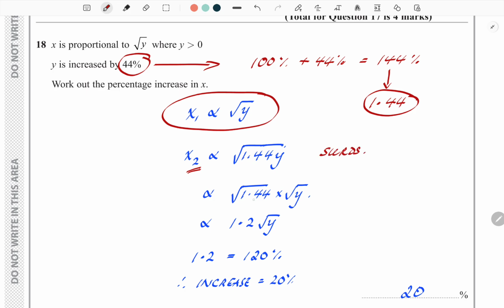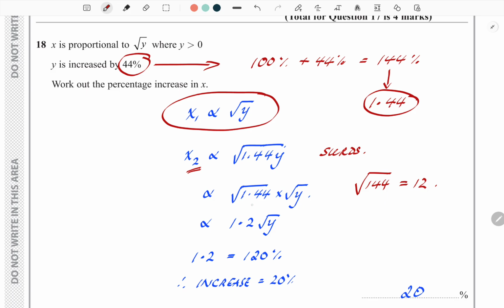All right. So we can do square root of 1.44 times the square root of y. Now, you may not know the square root of 1.44 straight away, but you know that the square root of 144 is 12. Let me write that more clearly, actually. Okay, is 12.